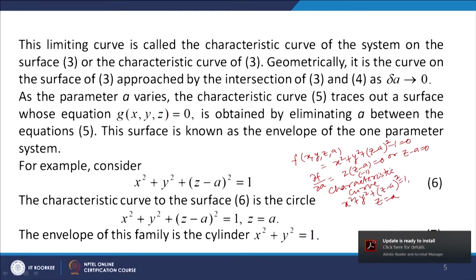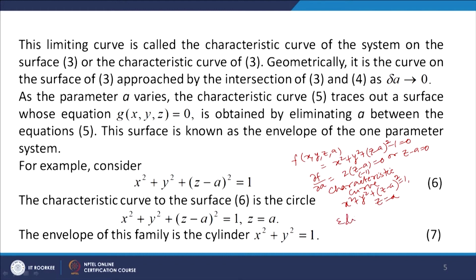eliminate the parameter a between the equations f x y z a equal to 0 and partial derivative of f with respect to a equal to 0. So, partial derivative of f with respect to a is z minus a equal to 0. So, z is equal to a.